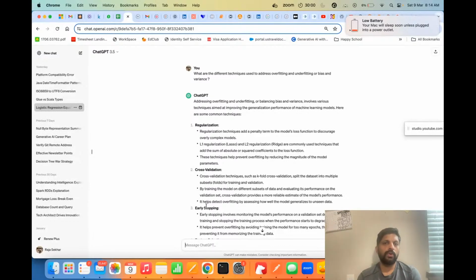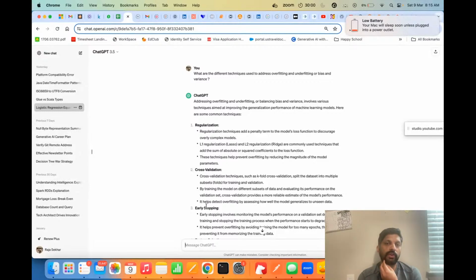Okay. Now, cross validation. Cross validation techniques, such as k-fold cross validation split. What we do in cross validation is we split the particular data set into smaller chunks, smaller data sets. When we train, we don't train on the overall data, so the pattern recognition doesn't work on the overall data.